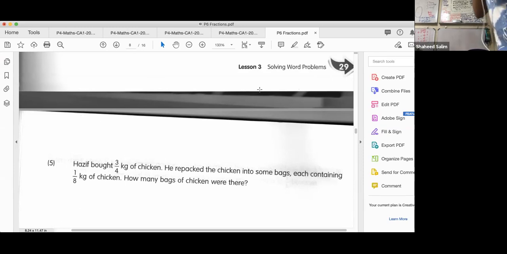Zahin, what's the answer, Zahin? Not yet. Iman, are you there? Not yet. Remember, when you get confused, replace the fraction with numbers. My answer is 6. What about Iman?